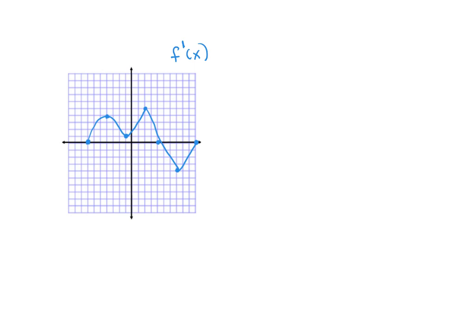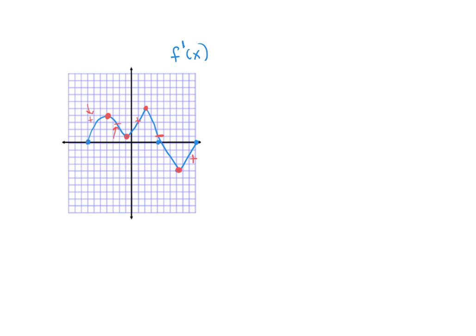This is the first derivative, so it is increasing, decreasing, increasing, decreasing, increasing. So the second derivative describes the slope of the derivative. It changes signs at the min and max values, at these extrema.